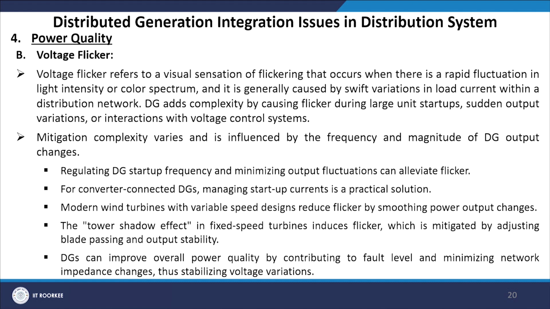The tower shadow effect in fixed speed turbines induces flicker, which is mitigated by adjusting the blade passing and output stability. DGs can improve overall power quality by contributing to fault level and minimizing network impedance changes, thus stabilizing voltage variations.